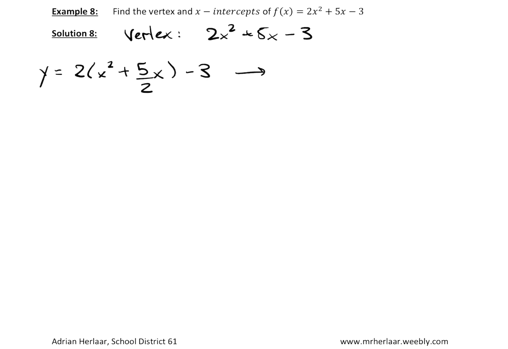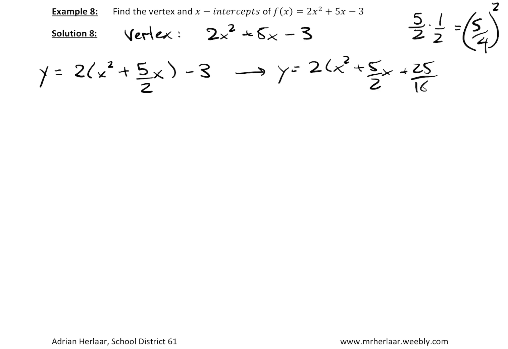Now, when you divide 5 over 2 by 2, it's the same as multiplying by a half, so you get 5 over 4. So y equals 2 times x squared plus 5 over 2x, and then you're squaring that, so you get plus 25 over 16 minus 25 over 16, all in brackets, minus 3.